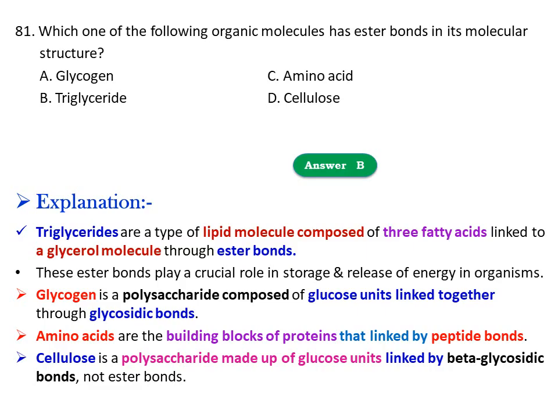Amino acids are the building blocks of proteins that are linked by peptide bonds. Cellulose is a polysaccharide made up of glucose units linked by beta glucosidic bonds. So the ester bond is found in the molecular structure of the triglyceride.